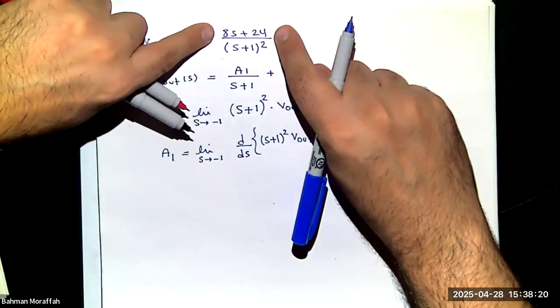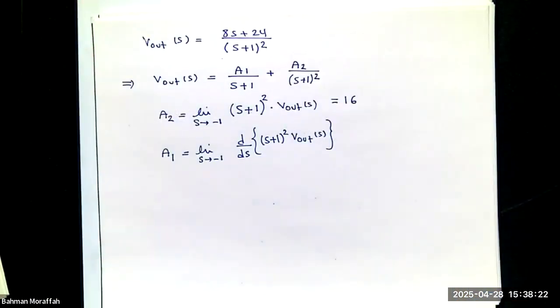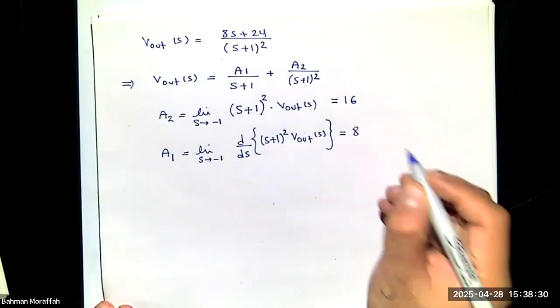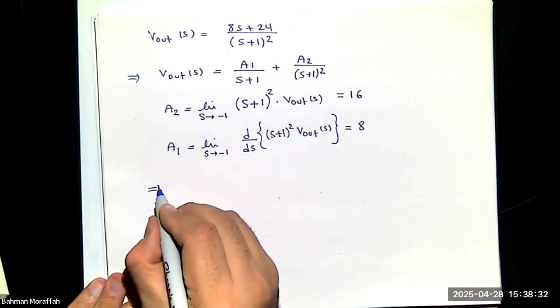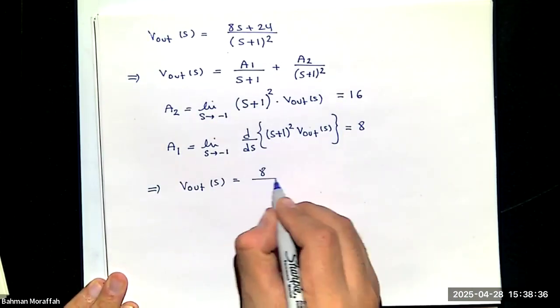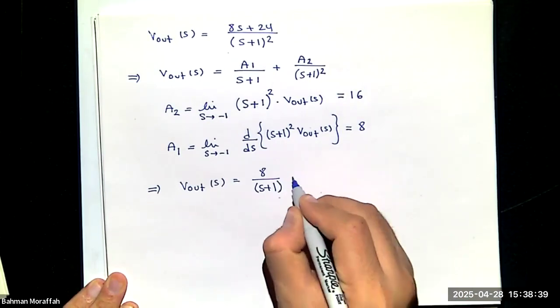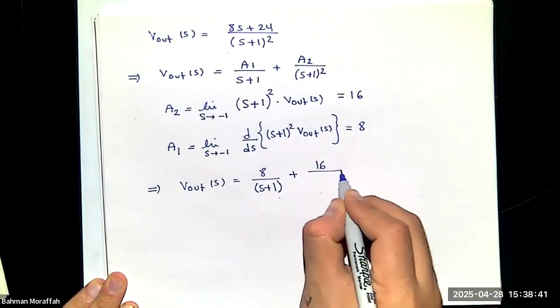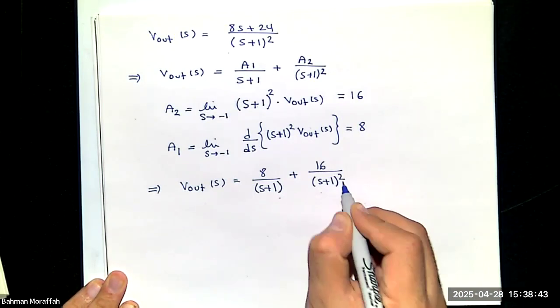The whole thing left is 8S plus 24. If I take the derivative with respect to S, what do I get? It's just an 8. Therefore, my V out of S is 8 divided by (S plus 1) plus 16 over (S plus 1) squared.